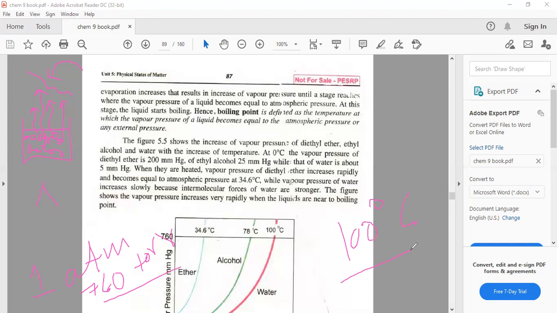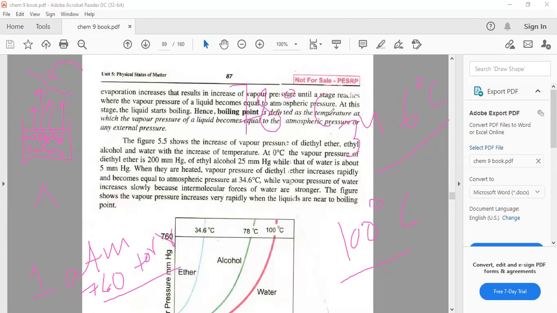On the other hand, ether has a 34.6 degrees Celsius boiling point. It means at 34.6 degrees Celsius, the vapor pressure of ether becomes equal to the atmospheric pressure. That's why ether has a 34.6 boiling point. Alcohol has a 78 degrees Celsius boiling point.